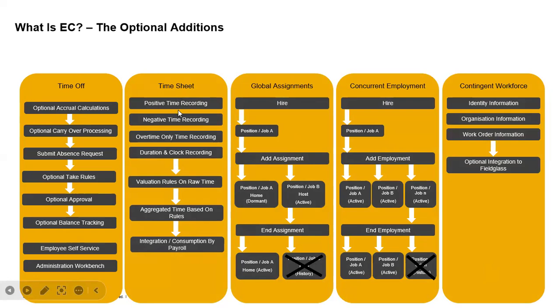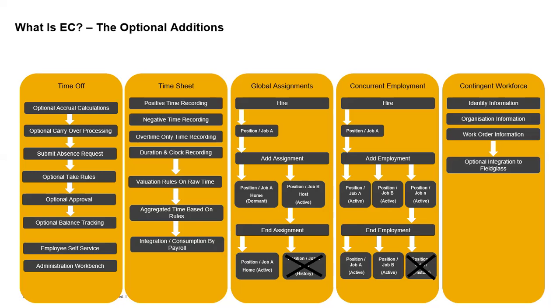Timesheet is basically for when, in your company, you have capturing of your fingerprint and ID cards. All of these go into positive time recording and negative time recording. What is positive time recording? You come to office at 8 o'clock in the morning, and at 5 p.m. IST you go back home.